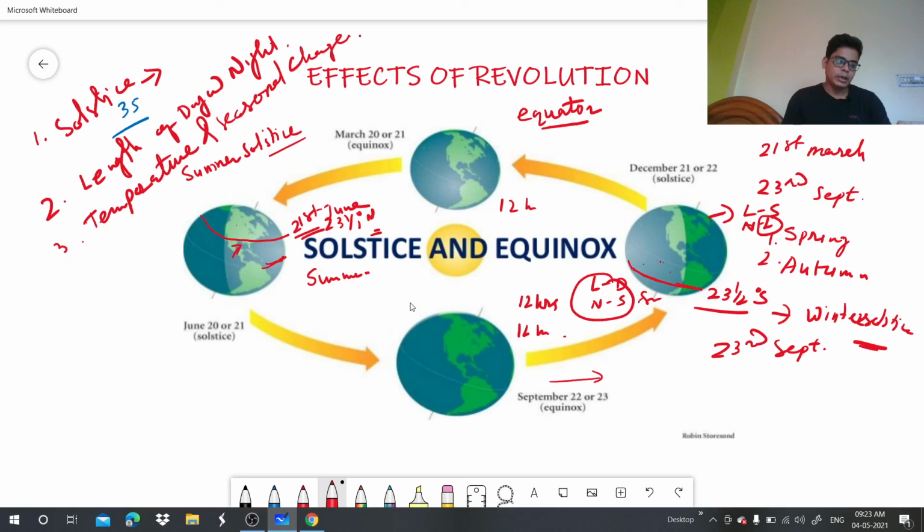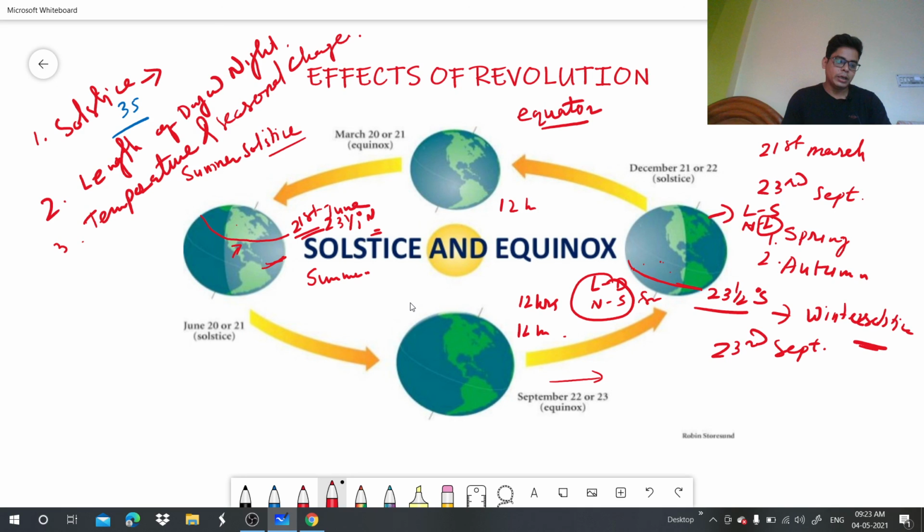From 21st March to 23rd September, these 6 months will be summer in the northern hemisphere, or 6 months of day, while in the southern hemisphere there will be 6 months of night.